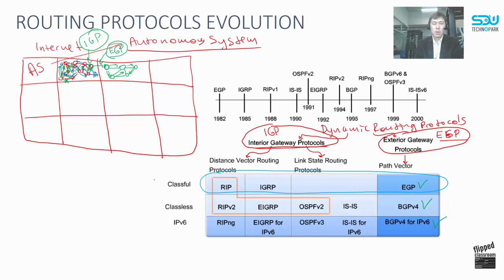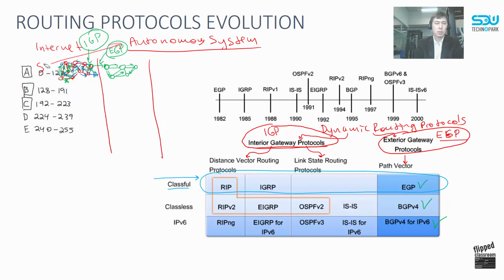So they have a common characteristic. They are classful routing protocols. These protocols can work only in a classful routing domain.